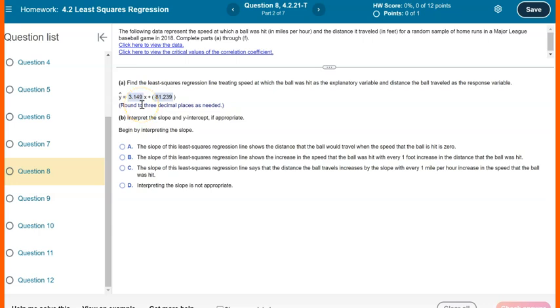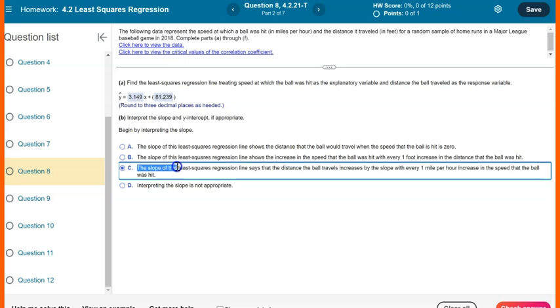That's how I interpret the slope. Therefore, I think this is the one. Let's read that. The slope of the least squares regression line says that the distance the ball travels increased by the slope with every 1 mile per hour increase in the speed that the ball was hit. That's the correct interpretation of the slope.